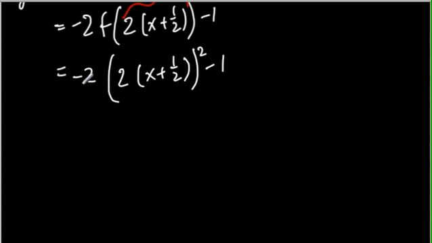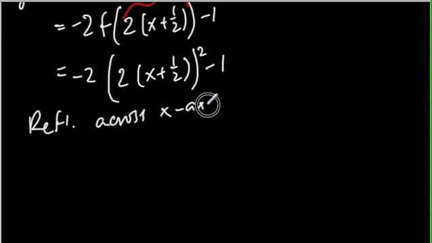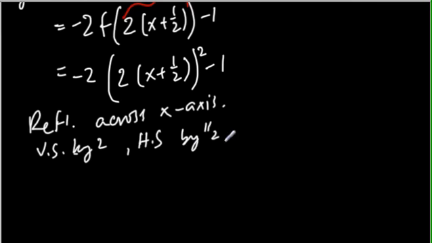And we can see that there's a reflection across the x-axis. There's a vertical stretch by 2. There's a horizontal stretch by 1/2. It's half to the left, because it's plus half here, and then down 1.